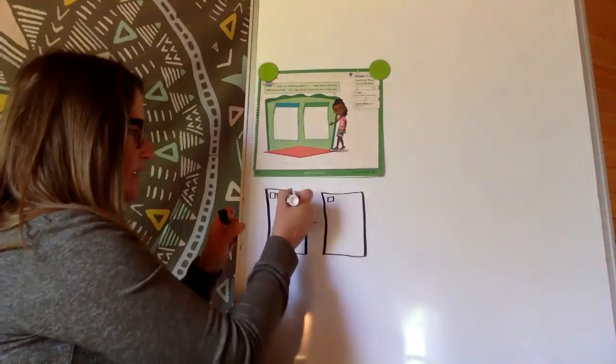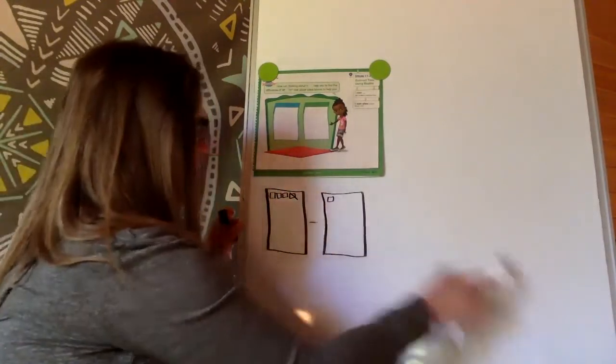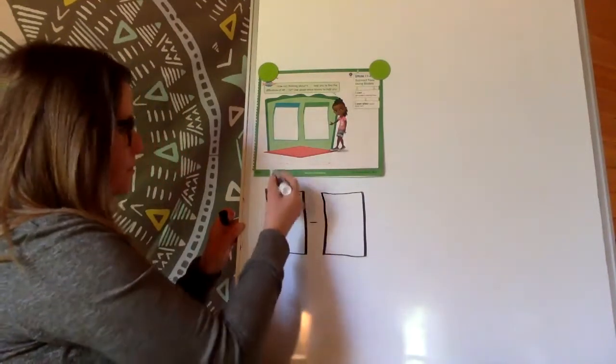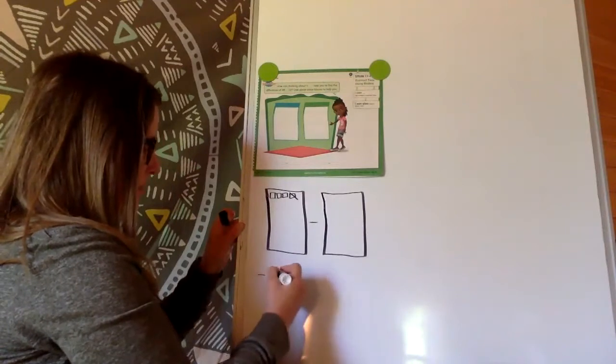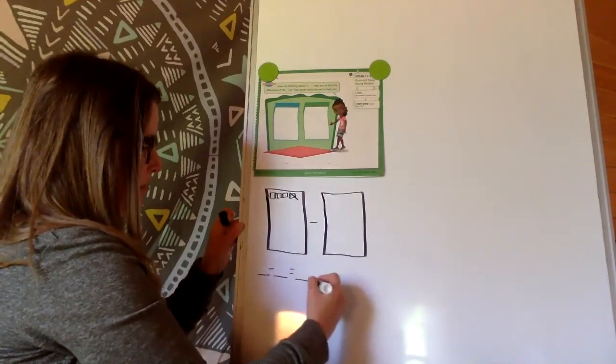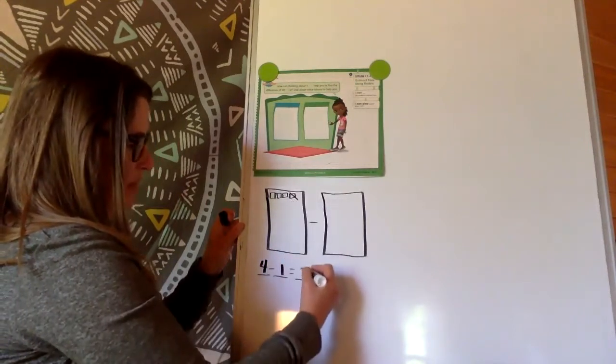Okay, well, if I take my 1 away from my 4 over here, that leaves me 3. Let's just move this one over here. Okay, so under here you have blank minus blank equals blank. So I started out with 4. I took 1 away and it left me 3.